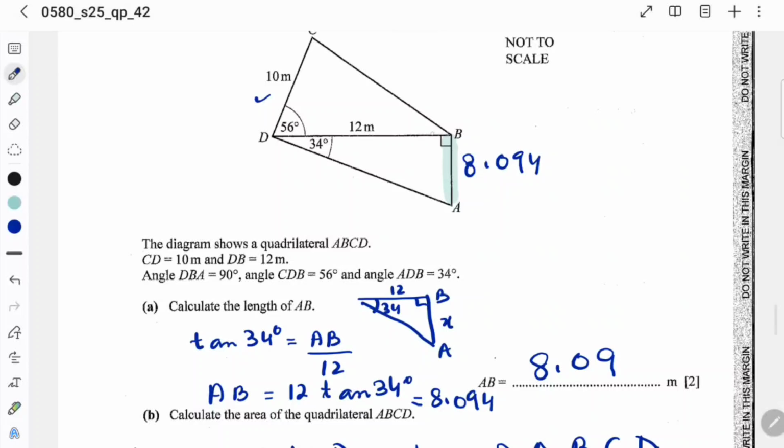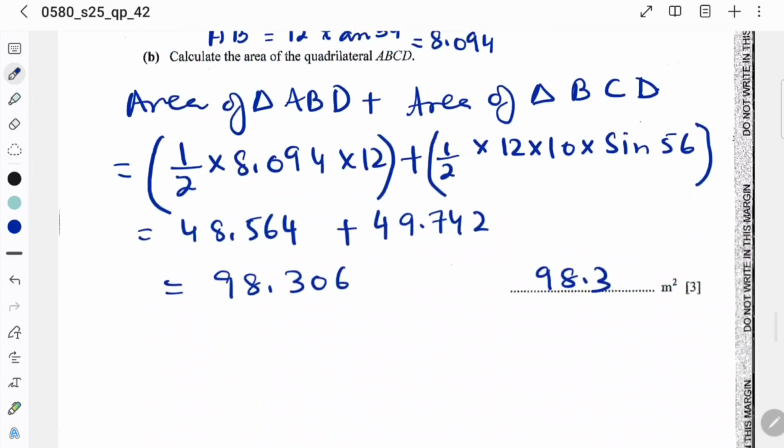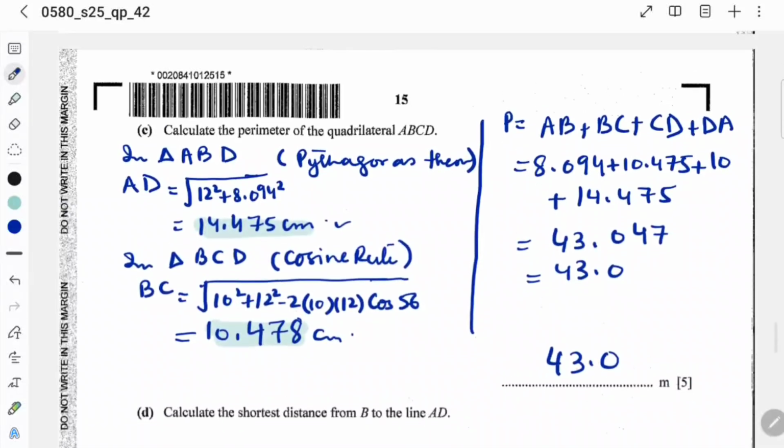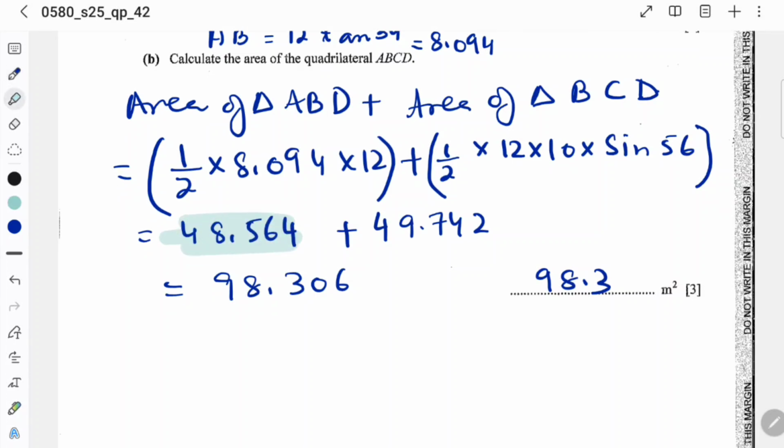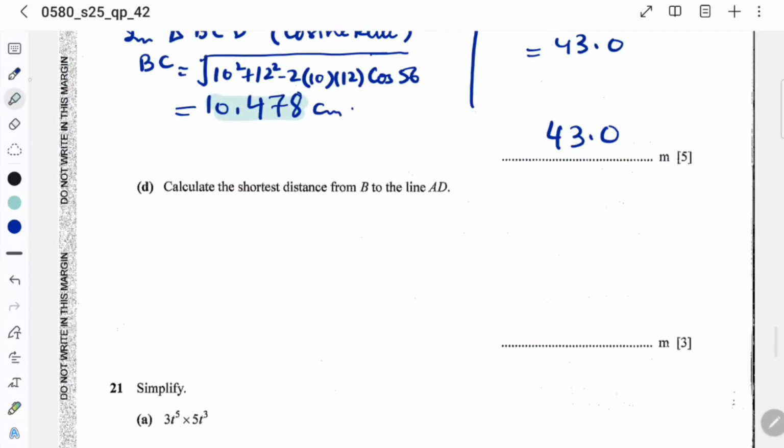We have already found the area, so we'll take the area's help. The area of triangle ABD is 48.564.